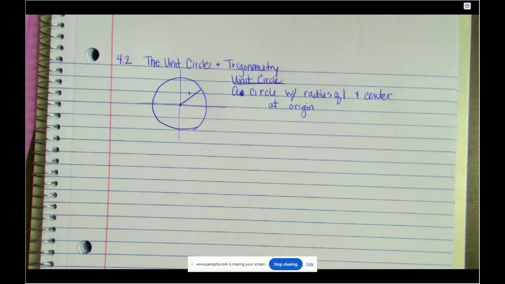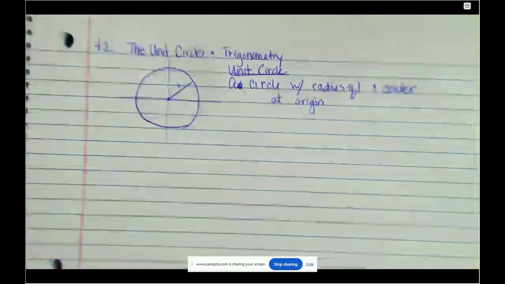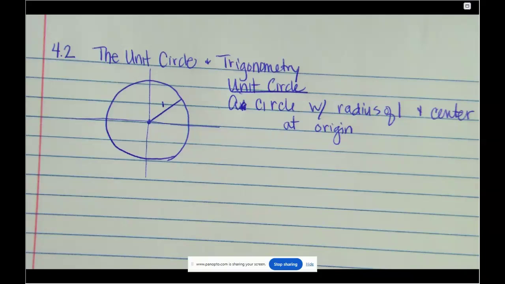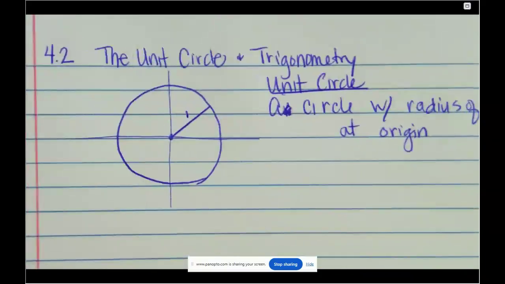Now, this is where things get weird because we're going to be relating triangles to trigonometry. I'm just zooming in so you can see what we're doing here.